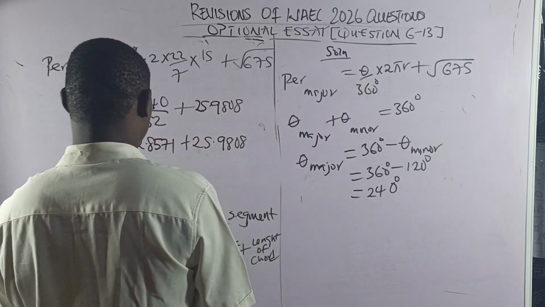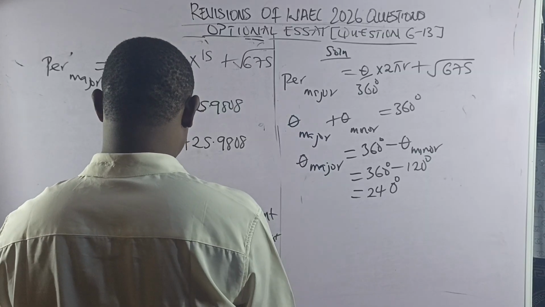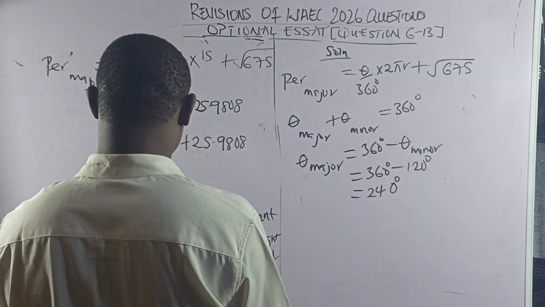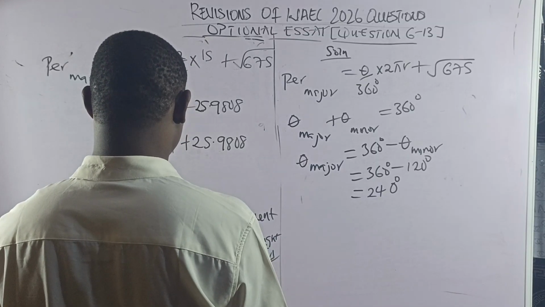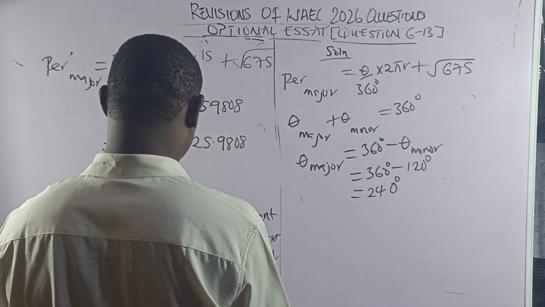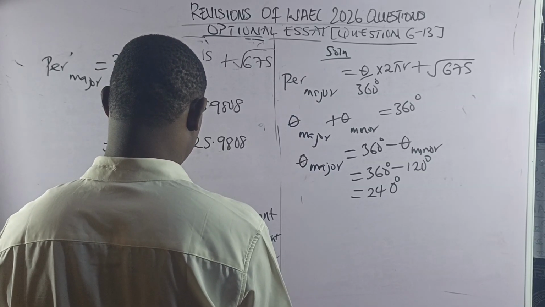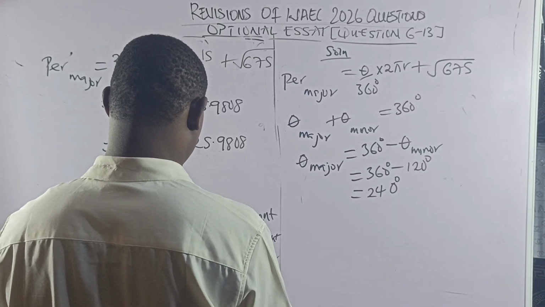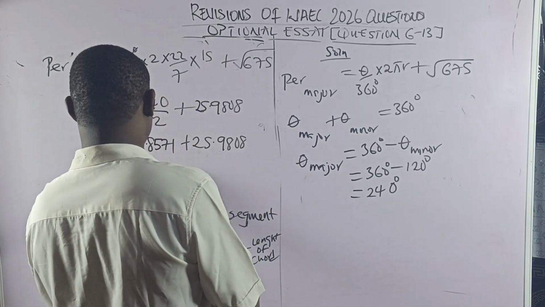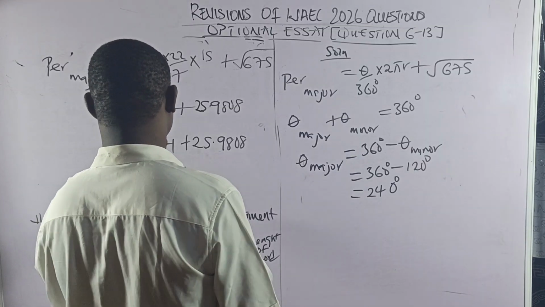So I can simply have 62.8571 plus 25.9808, and we simply have 88.8379.